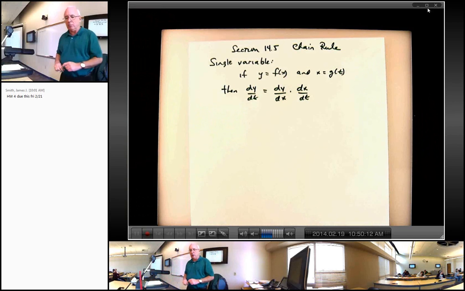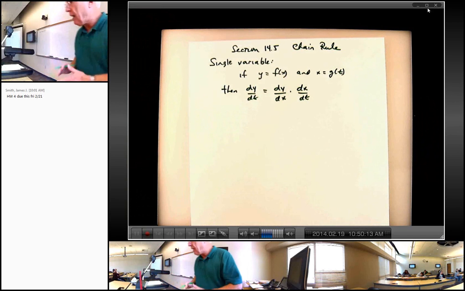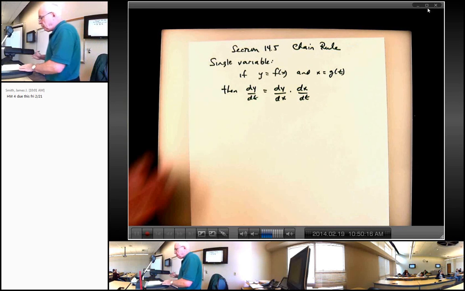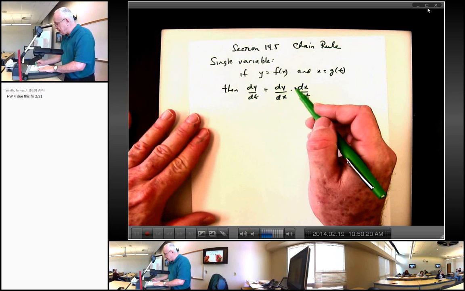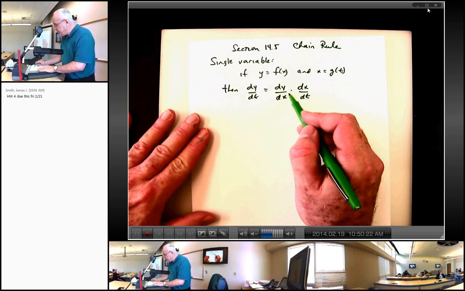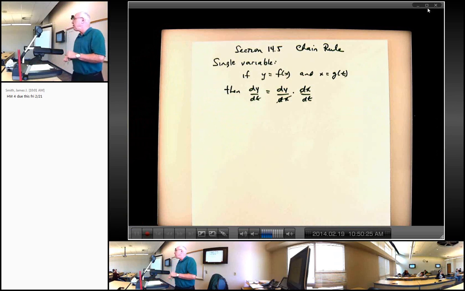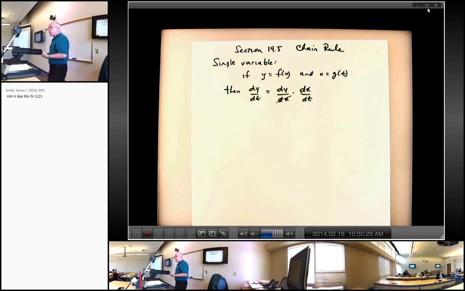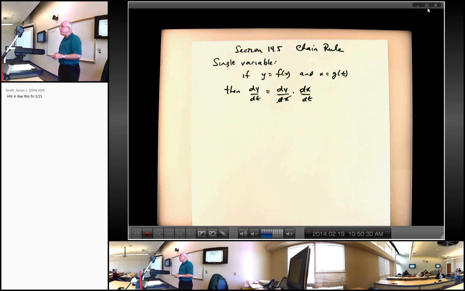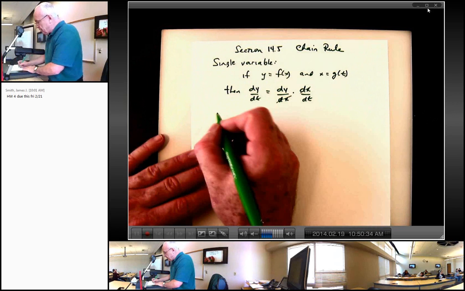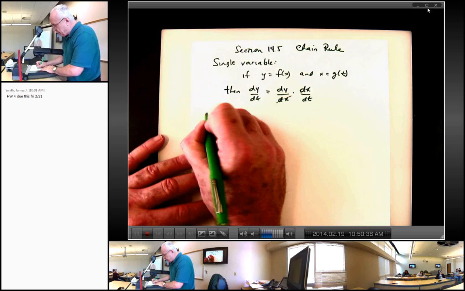Chain rule from single variable calculus. The interesting thing about the chain rule, I think, is that it's as if these dx's can cancel out like you're doing just regular arithmetic with them, and you get dy/dt on both sides of the equation. Now let's look, of course, at functions of more than one variable.